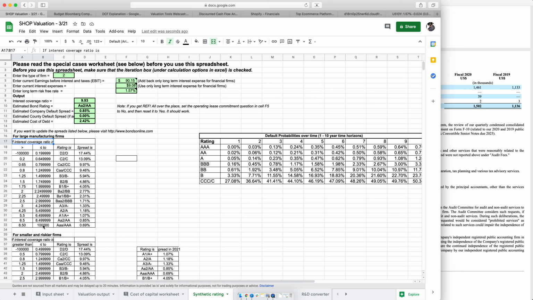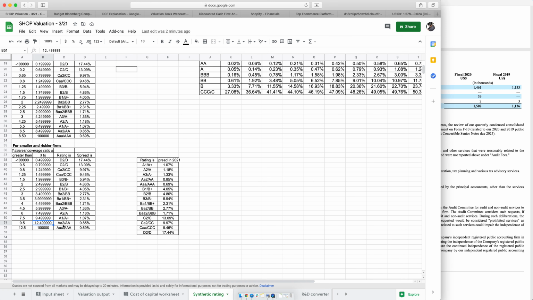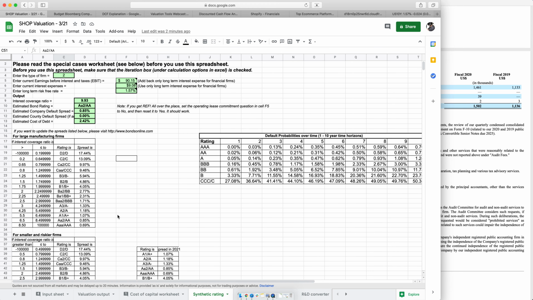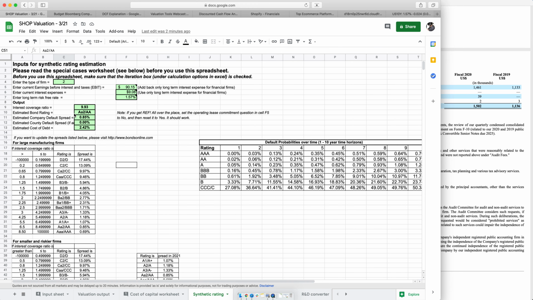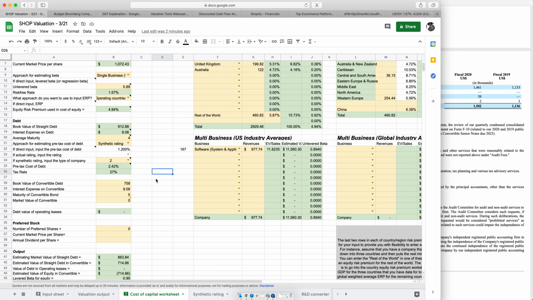If it's much higher, then you're much safer. In this case, they have an interest coverage ratio of around 10, which would put it in this second tier category. So it backs out a bond rating for you given your interest coverage ratio, and then it backs out a cost of debt. From all that calculation, it gives us to where we are here, and it also gives us the tax rate.